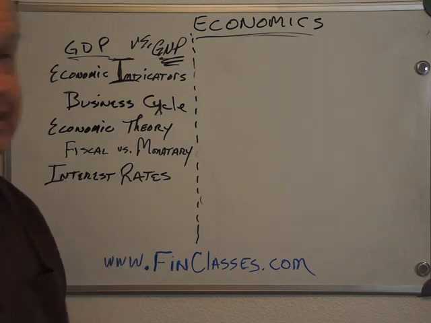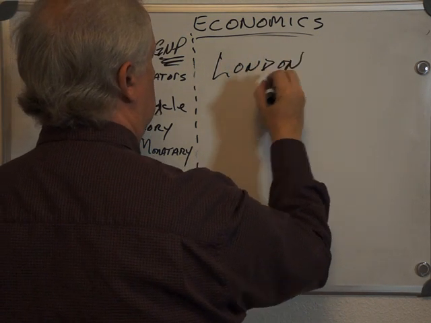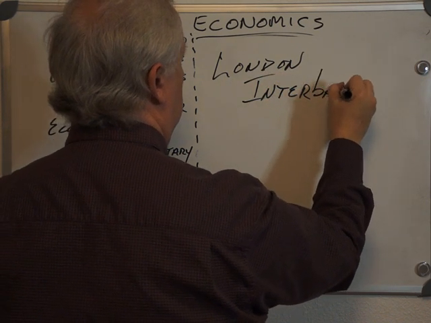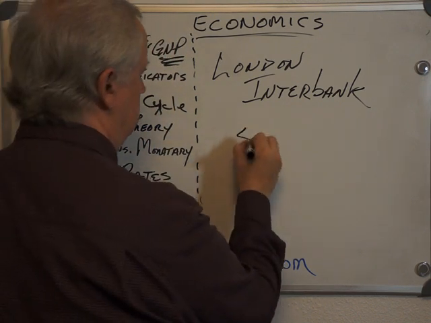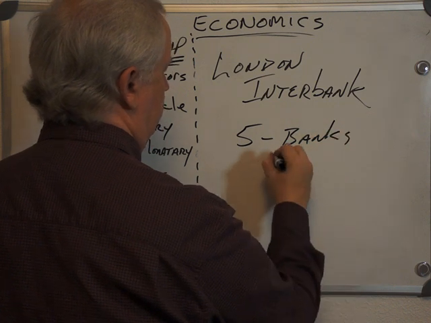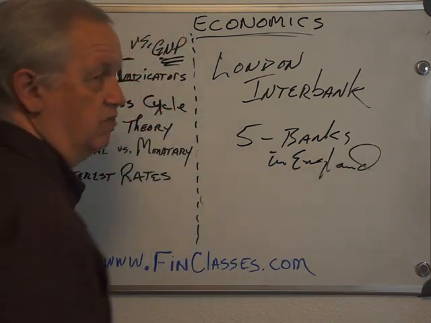LIBOR, L-I-B-O-R, London Interbank. London Interbank, there's 5 or 6 major banks in England, very strong in Europe.